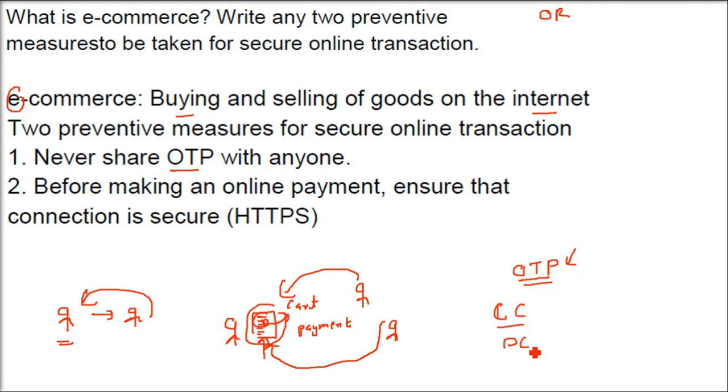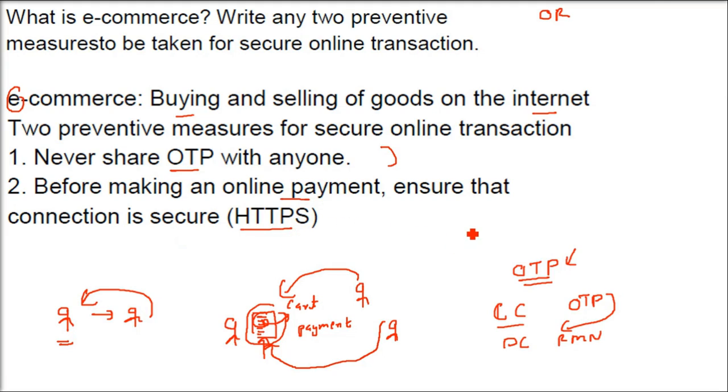This OTP is one more check. You have entered a credit card or some detail. Now this OTP will come on your registered mobile, and then only the transaction will succeed. So don't tell this OTP to anyone. People are cloning the mobile, they are cloning the numbers. So there are so many ways they are trying to hack or get your stuff.